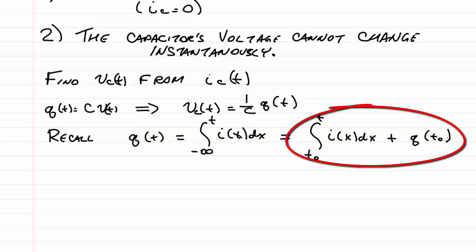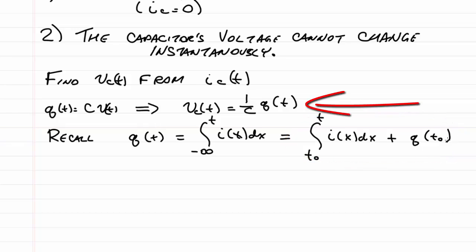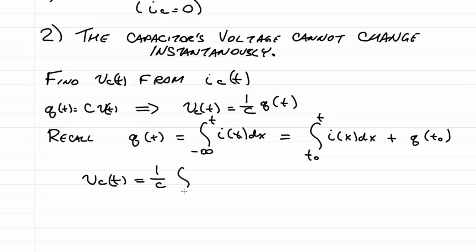We can make this substitution into the equation for the capacitor voltage to find the capacitor voltage as a function of time is going to be given by 1 over C times the integral of the capacitor current over time plus the initial charge on the capacitor divided by the capacitance.